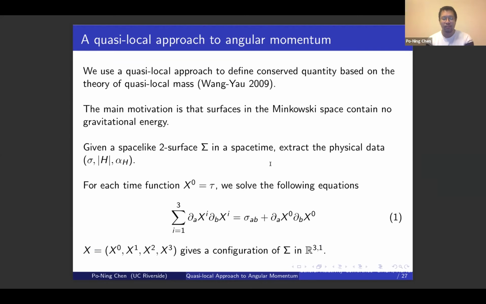So the main motivation behind this definition of quasilocal mass, and also our later definition of other quasilocal conserved quantities, is that Minkowski space, which is completely flat, should contain no gravitational energy or any other conserved quantities. So in other words, a well-defined quasilocal conserved quantity should vanish for any surface in Minkowski space.